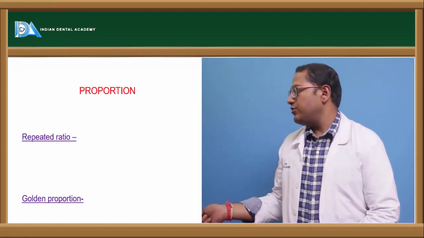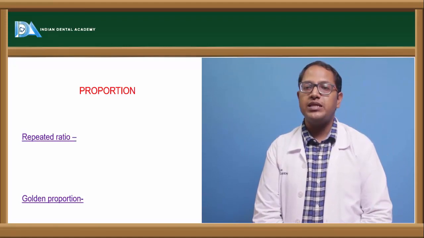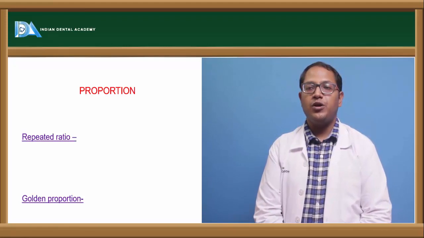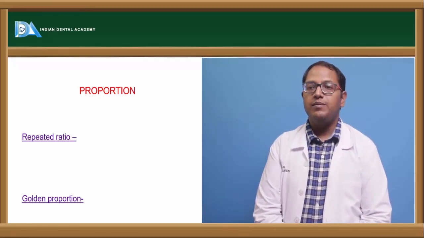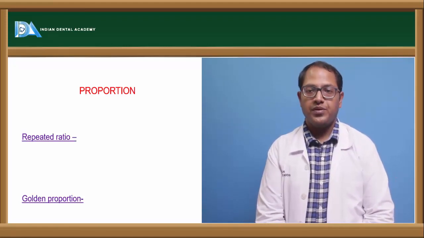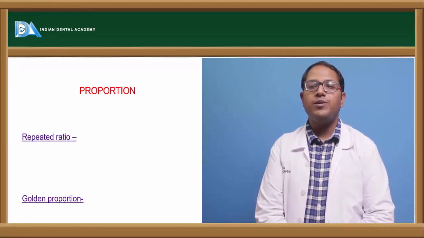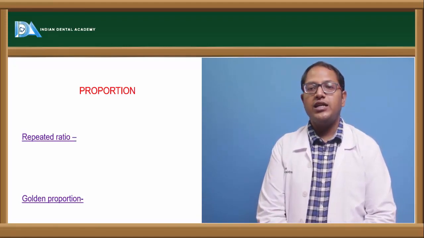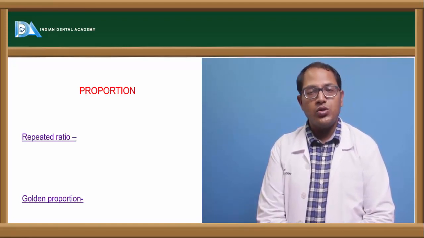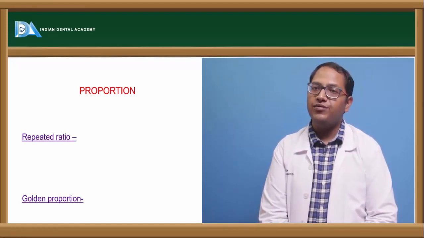Coming to proportion, what exactly is proportion? To give a mathematical representation of beauty, for numerically expressing the relationship of the various units that combine to make a composition, the term proportion is used. What is a repeated proportion then? It is the relationship of the various units which are different from each other in a composition, but are associated with each other through a certain repetitive mathematical factor.